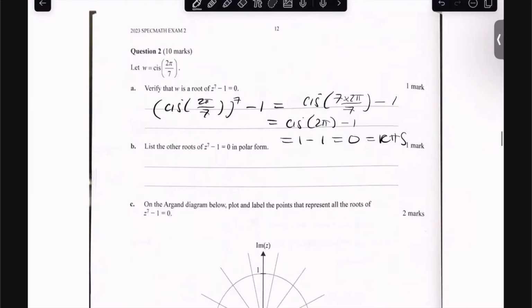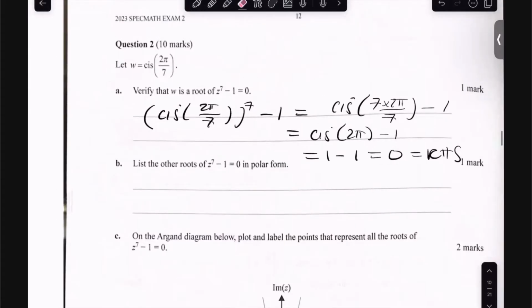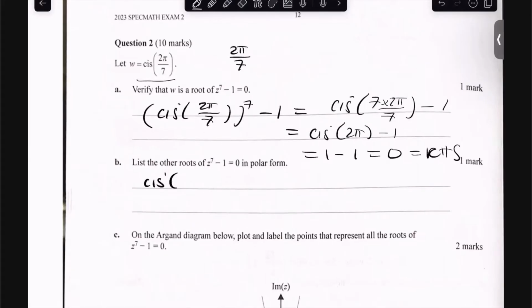List the other roots of z to the 7 minus 1 in polar form. So if this is 1, then you can basically keep adding 360 divided by 7, or 2 pi on 7, to these until you get past the principal, and you should have 7. So you can have cis 4 pi on 7, you can have cis 6 pi on 7.